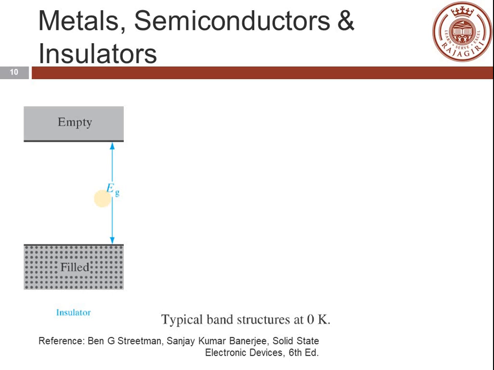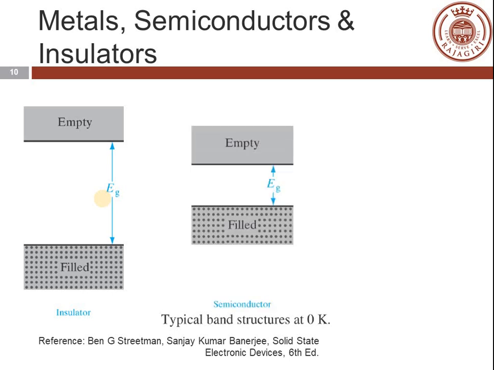For a semiconductor, the structure will be similar. We'll have a fully filled valence band and a fully empty conduction band. But the difference between the conduction band and valence band is small. This Eg will be near 1 electron volt or below 1 electron volt.